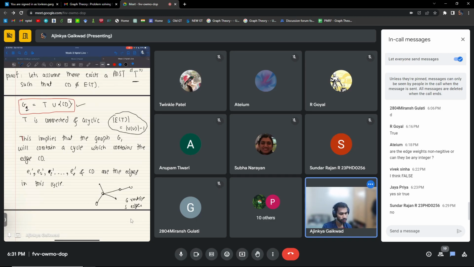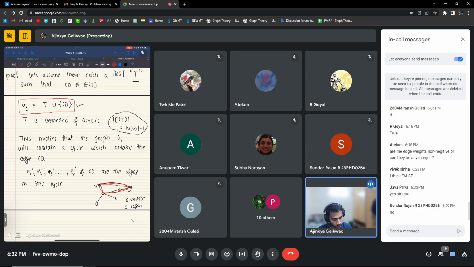Can you add an edge to this tree such that there is no cycle? No, because in a tree, the path from a vertex to any other vertex is unique. Exactly. That means no matter which two vertices I add an edge between, say U and V, there was already a path between them. Then I added one more edge, and that means this is my cycle.